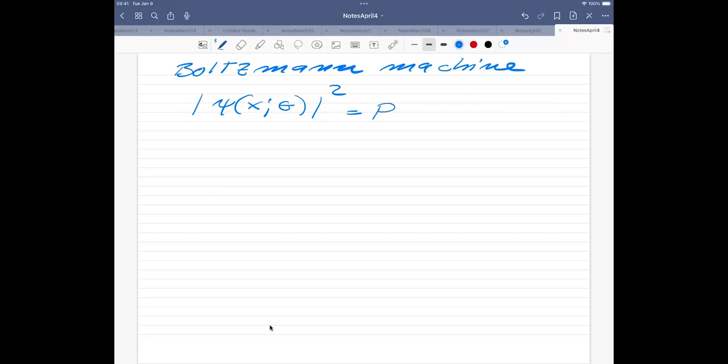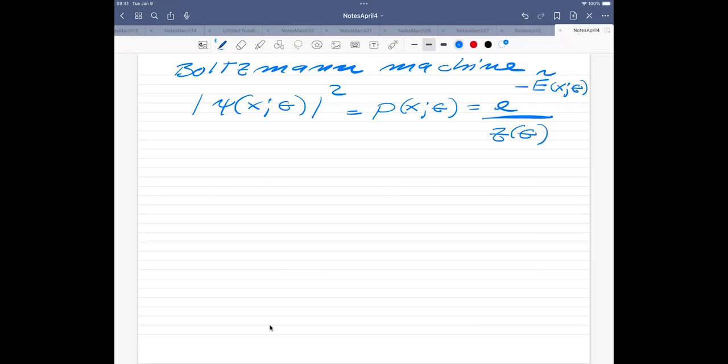So this is going to be given by some x of theta. This is a probability distribution. And we are going to write this in terms of an energy function to distinguish this from the local energy, because this is just a parameterization now. So this depends on x and theta. And then we have the famous partition function here.